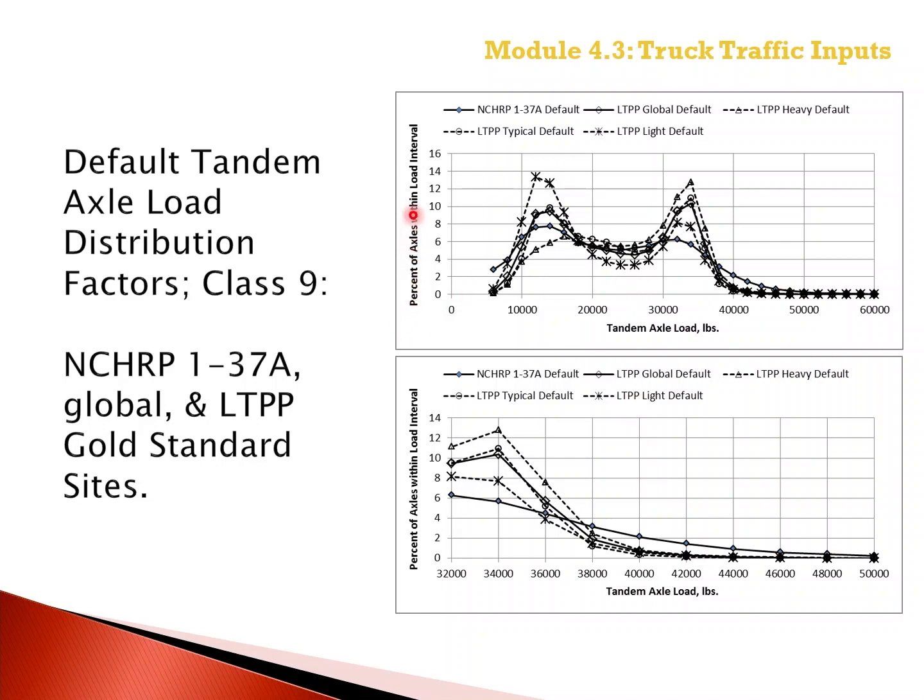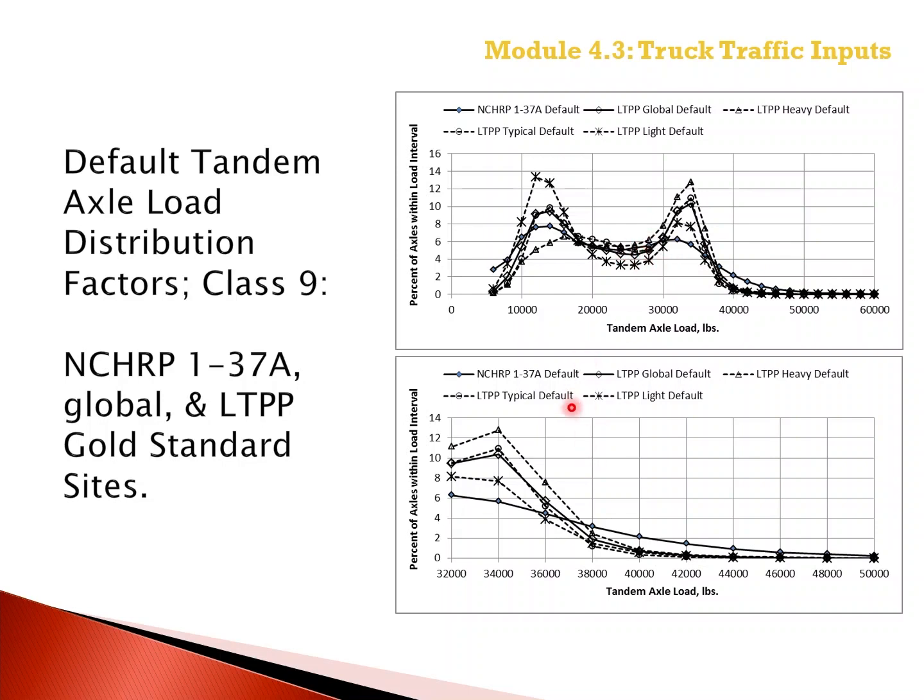And this is the percentage of axles within each load interval. The difference between the upper graph and the lower graph is that the lower graph is an expanded image of the trucks between about 32,000 tandem axle loads to 50,000 tandem axle loads. So it's an expanded version of these load intervals in the upper graph.